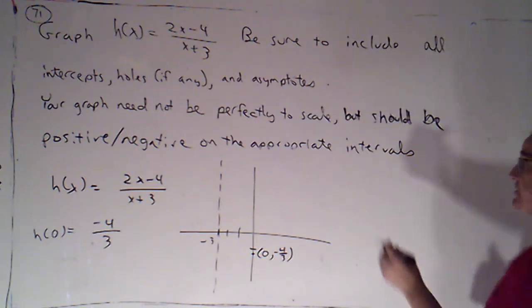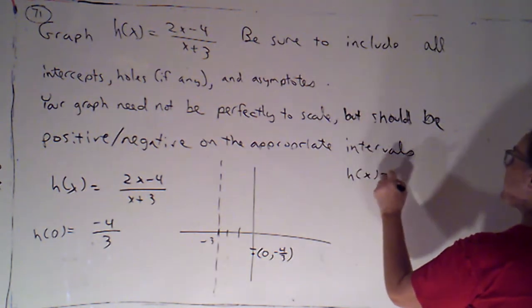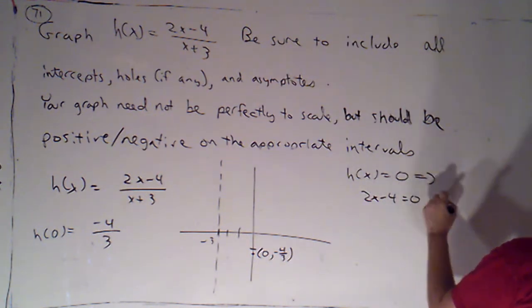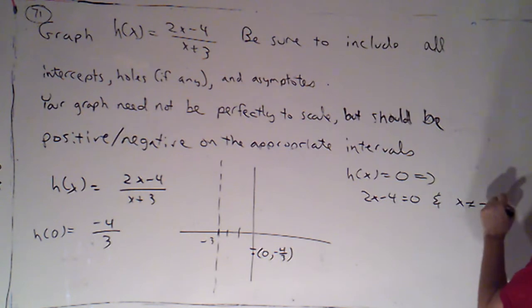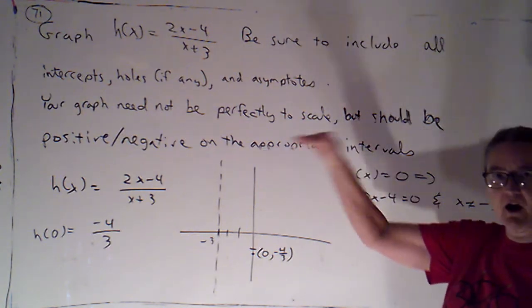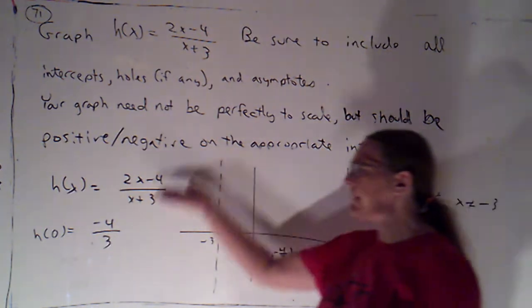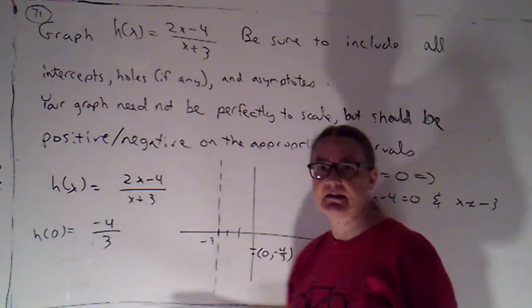For x-intercepts, h of x would equal 0 if 2x minus 4 equals 0, provided that x isn't negative 3. The top is 0 and the bottom isn't. Now, I've already confirmed that the top and bottom are never simultaneously 0.